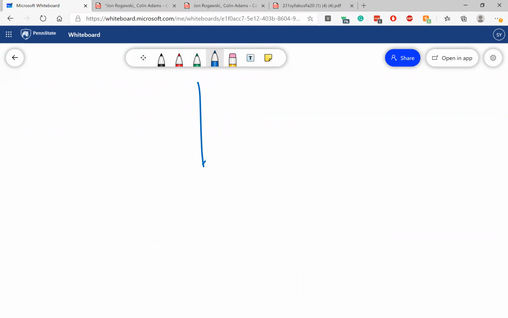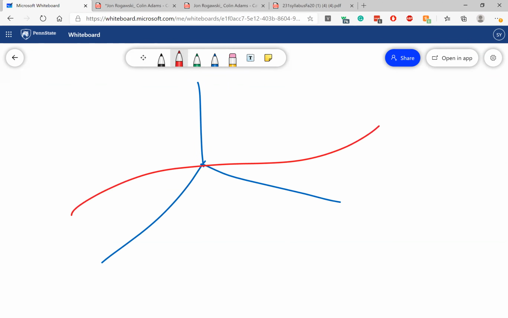So let's say you have the curve, and you want to find the arc length from A to B. For every point over here, we can have a dx, a dy, and a dz, forgetting about the parameterization for a second.